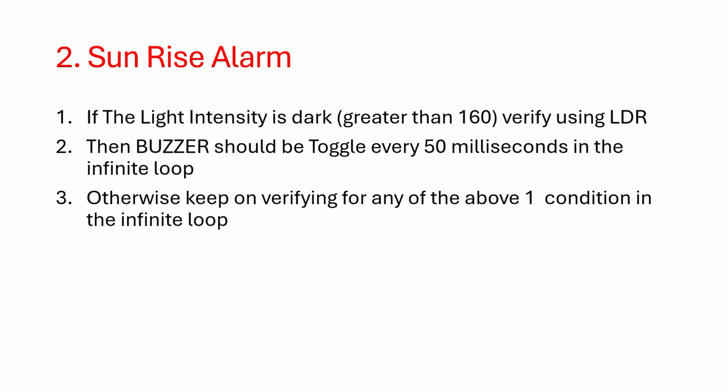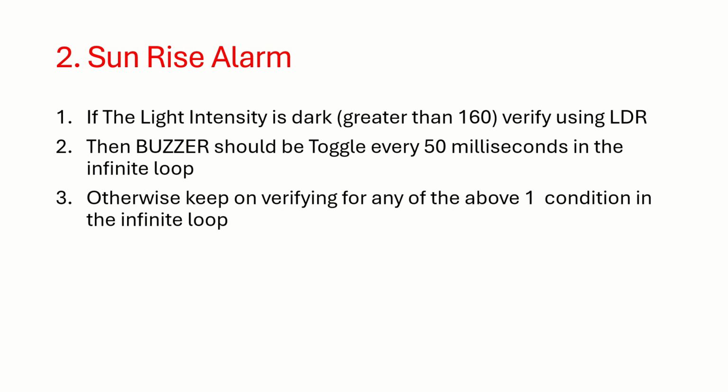Like street lights, automatically you want to switch them off, or maybe you want to start your day-to-day activities. So what we want to do is differentiate that if the intensity is bright, then some action should take place. Exactly opposite to the previous example.